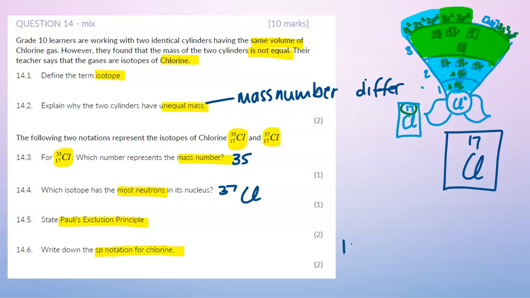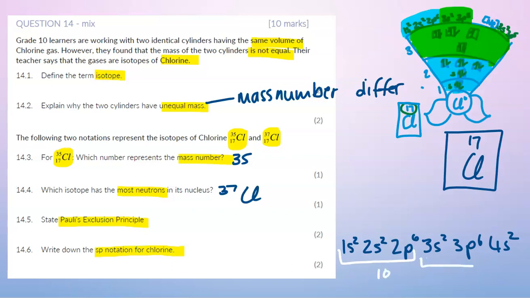So we know we have one s orbital and there's space for 2. Then we have a 2s orbital, there's space for another 2. Then we have the 2p orbital, there's space for 6. And then 3s2, 3p6. I'm just going to write it 4s2. So this is the generic one, but I only want 17 electrons. So over there I have 10, and then I need another 7.